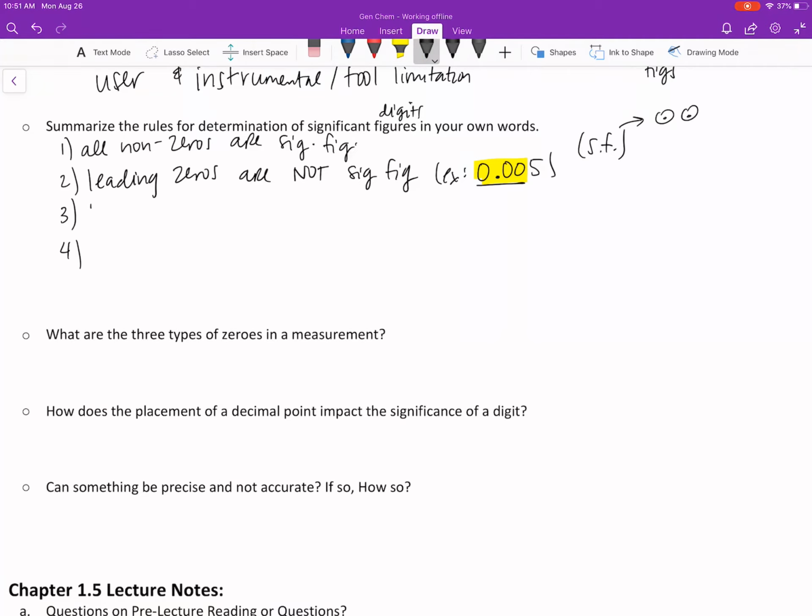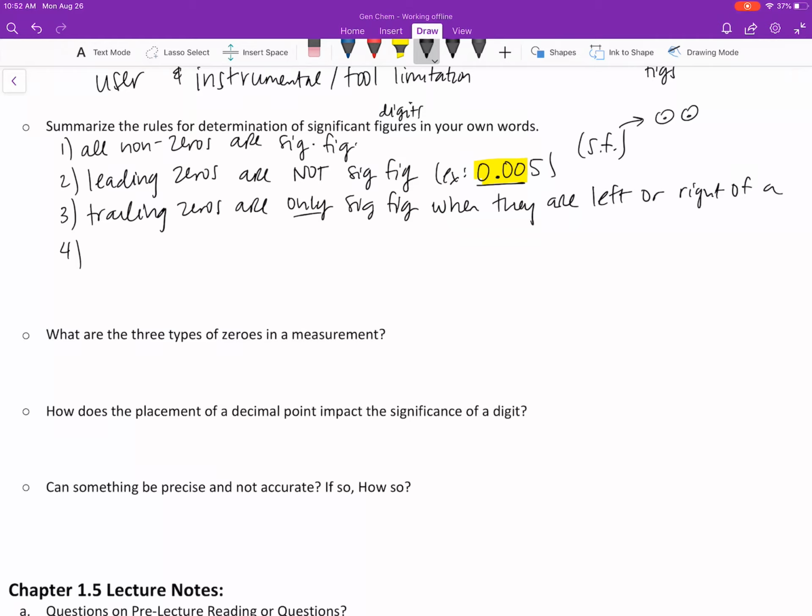The next type of zero is trailing zeros, and they are only significant when they are left or right of a decimal point.